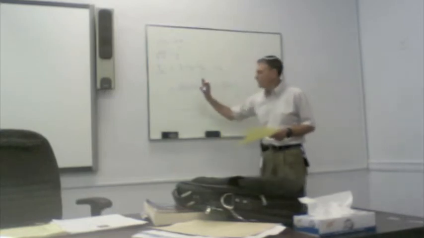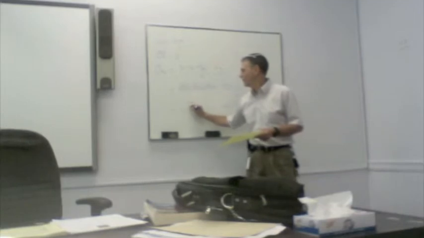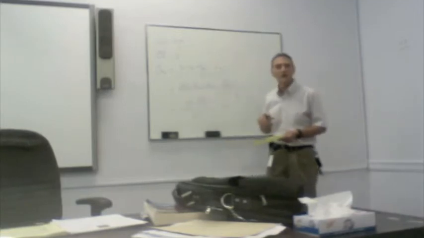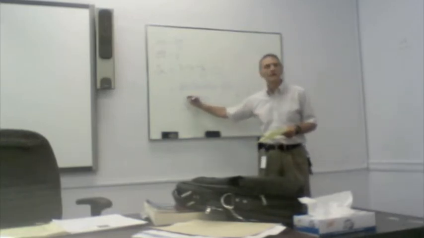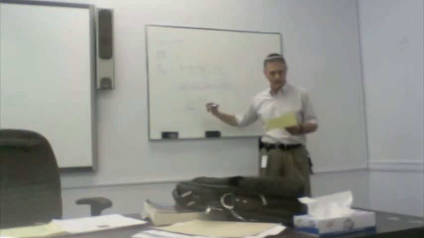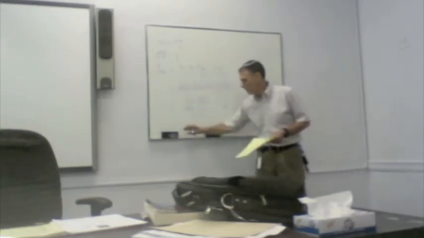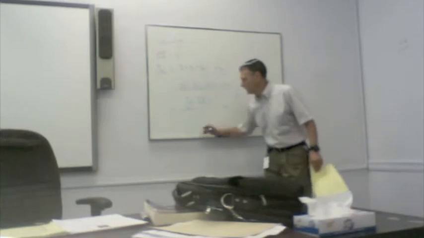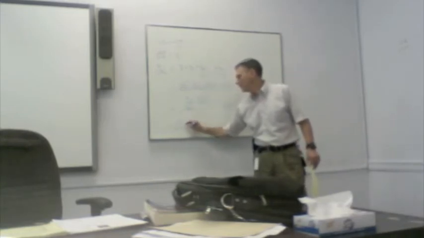So f of x1, x2 and x3 could be more simply written as the sum of f of x sub k as k goes from 1 to n. There's b minus a in the denominator. If you don't mind, I'd like to write it as 1 over b minus a times sigma.